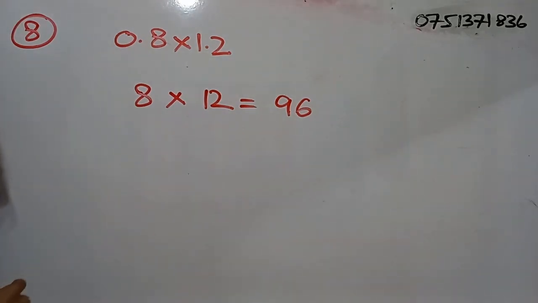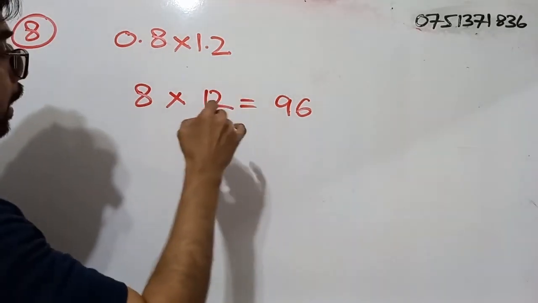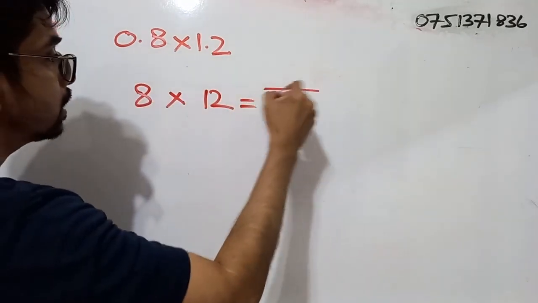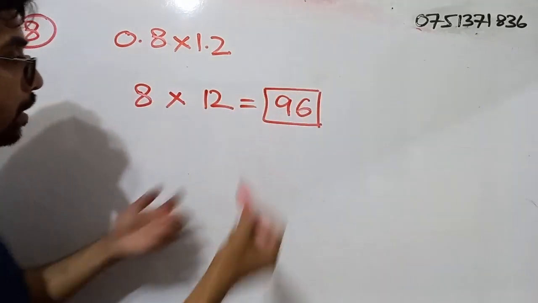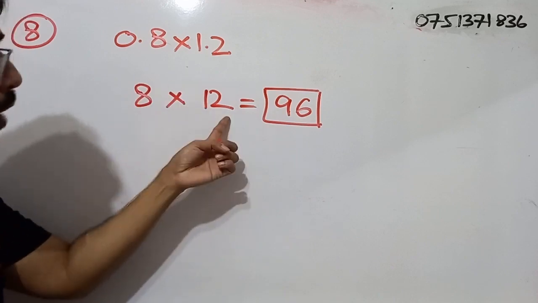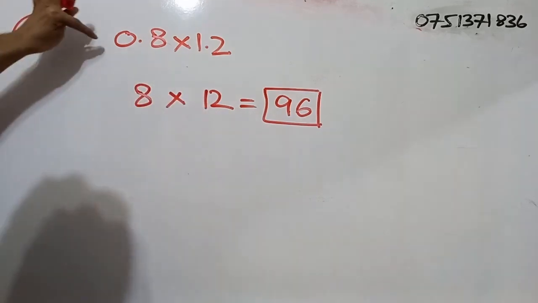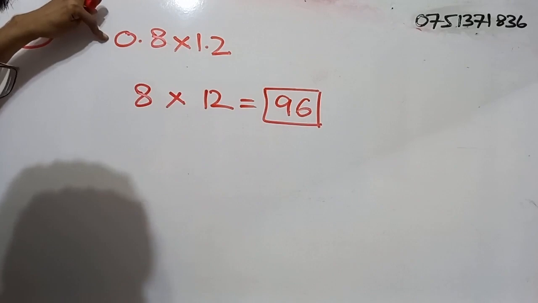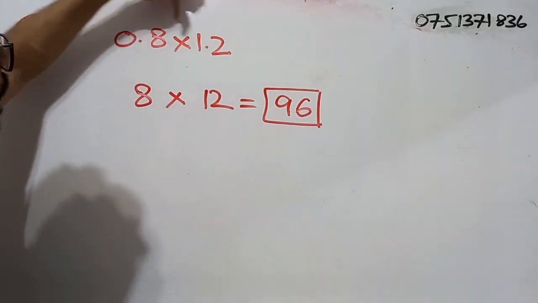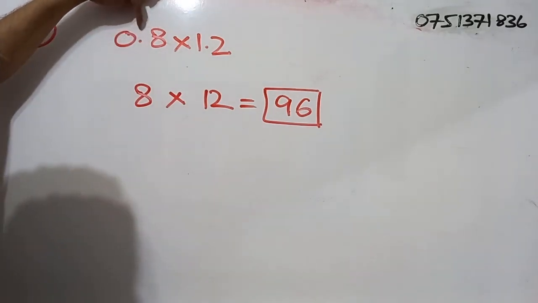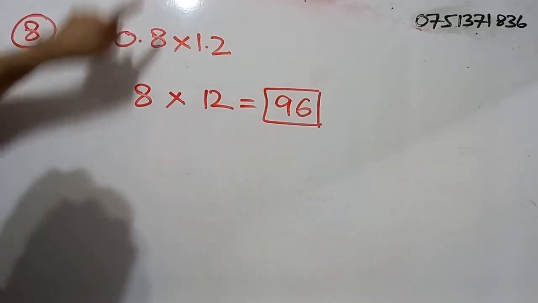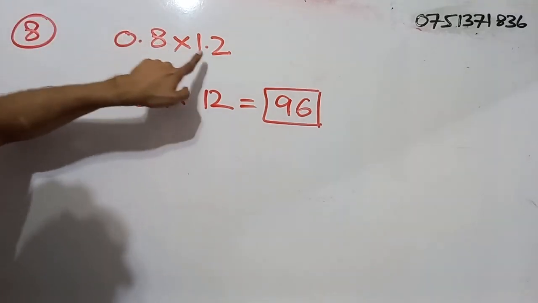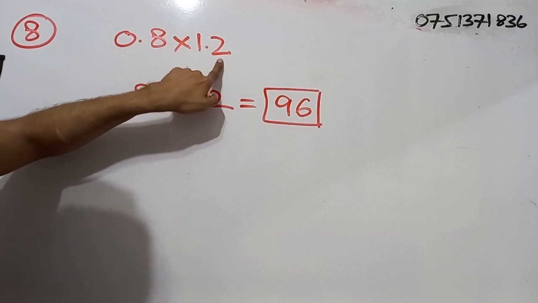Right? So the thing is, this is not the answer that we need. What is 96? 8 into 12. So in the original expression that we need to calculate, how many decimal places are here? 2 decimal places, no? 0.8 has 1 decimal place. 1.2 has another decimal place.